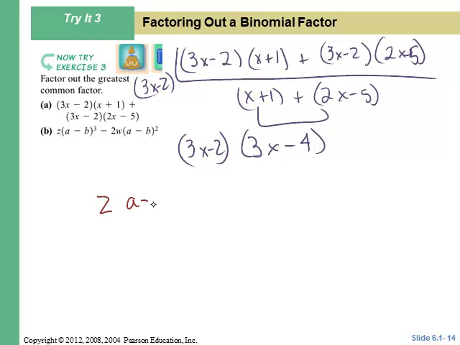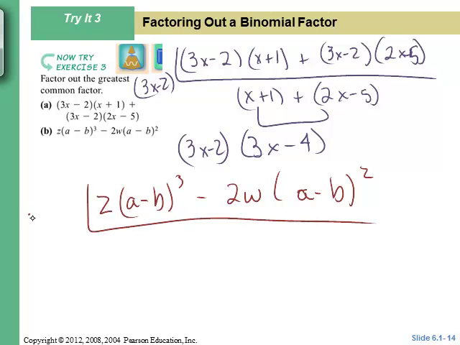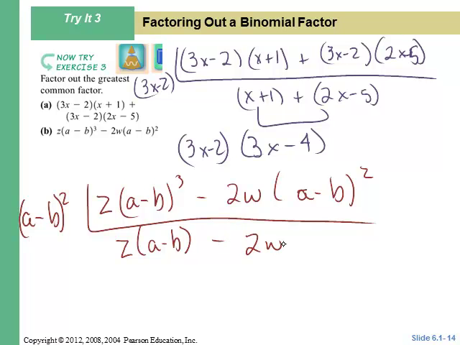Z times a minus b cubed minus 2w times a minus b squared. Okay, we can factor out an a minus b squared, and we're left with z times a minus b minus 2w.